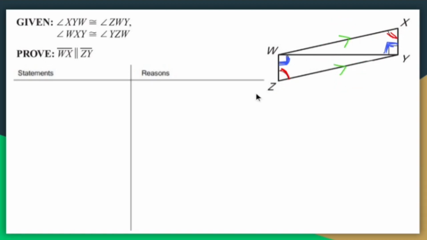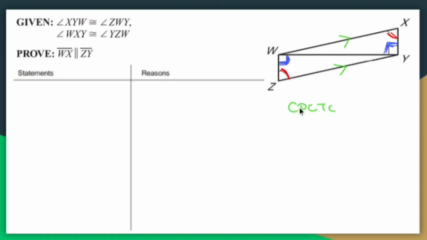So this is what I'm thinking. This is how my brain operates. There is a rule called CPCTC. Corresponding parts of congruent triangles are congruent. What that means is if I give you two triangles that are congruent, I can say that these guys are the same, and these guys are the same, and these guys are the same.